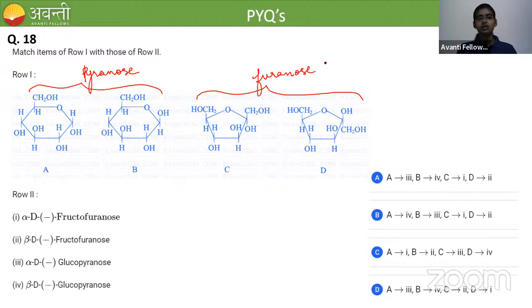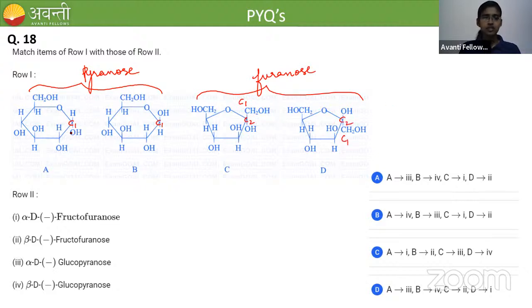Now, to determine whether the compound is alpha or beta, you have to look at the OH group attached to the first carbon. In the first 2 cases, this is your carbon number 1. And here, this is carbon number 1, this is carbon number 2.